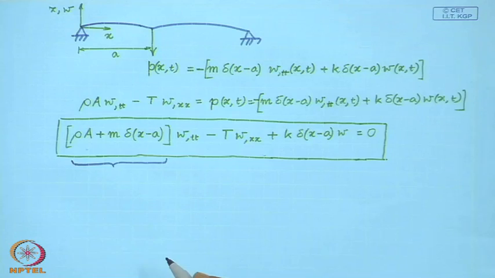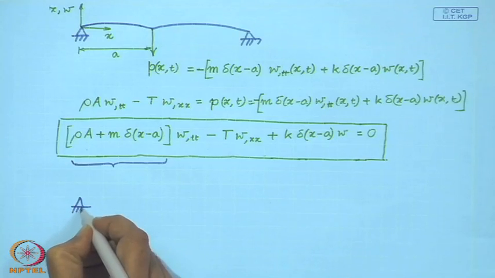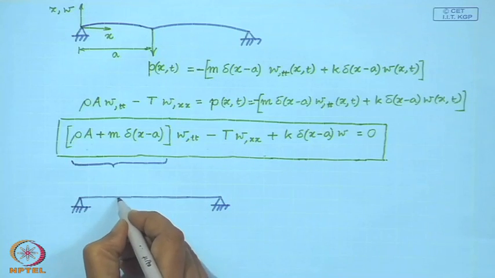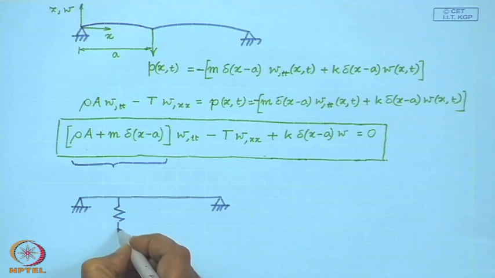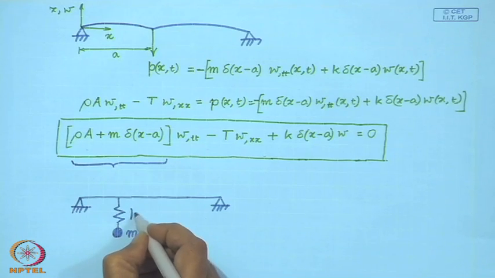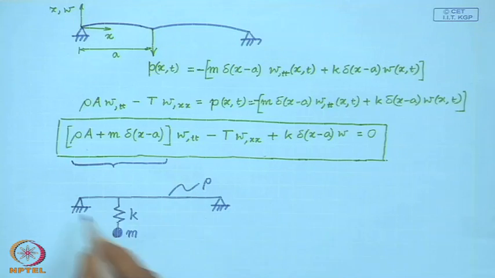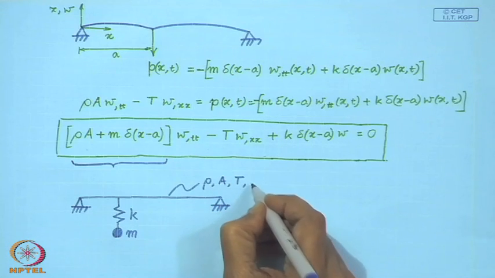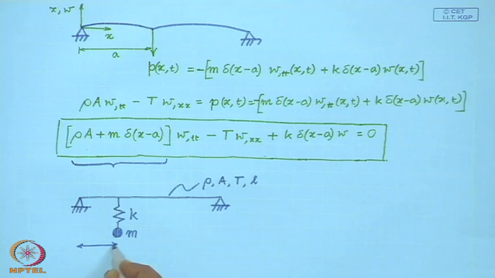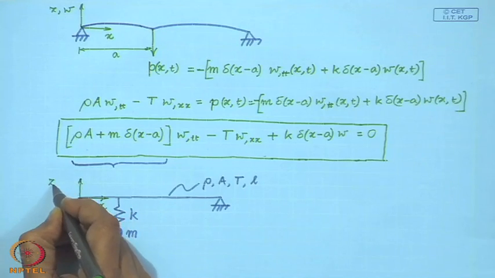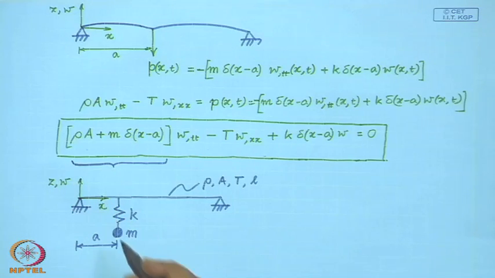As an exercise, you can try out an example like this, in which you have a string made of material of density rho, area of cross section constant which is A, under a tension T and having a length L, and there is an absorber connected to the string.